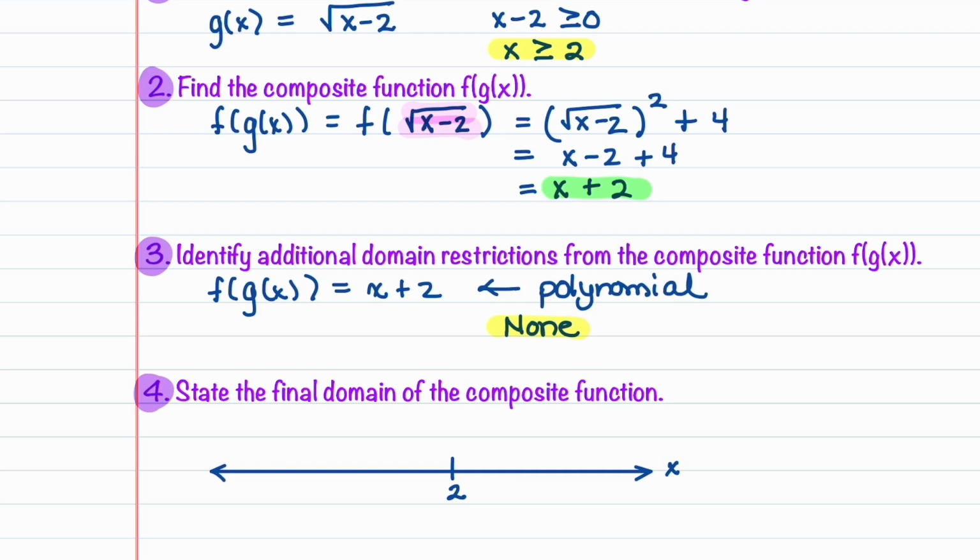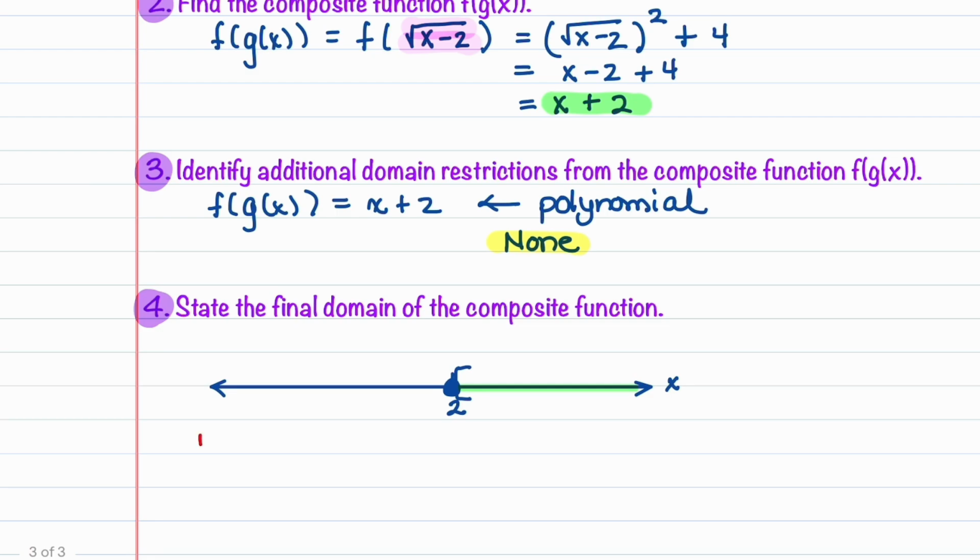Let's notice that at 2, that number is included, so we're going to draw a closed circle. And let's indicate then that it's valid for all numbers to the right of 2. To write this mathematically, we're going to put a square bracket here, because 2 is included.